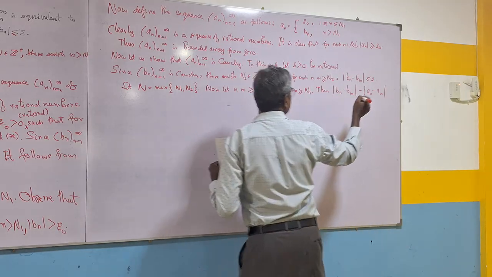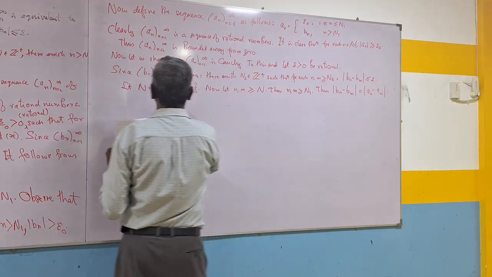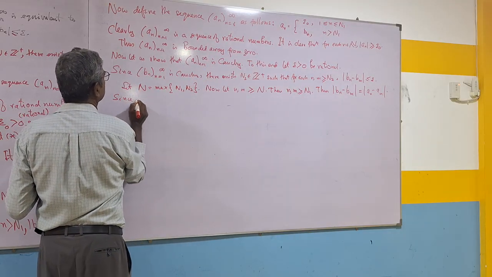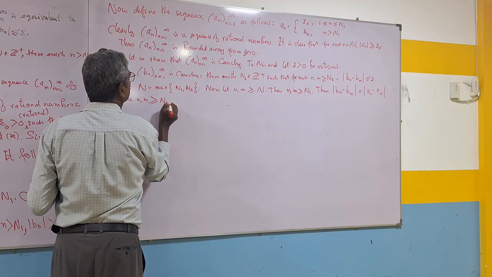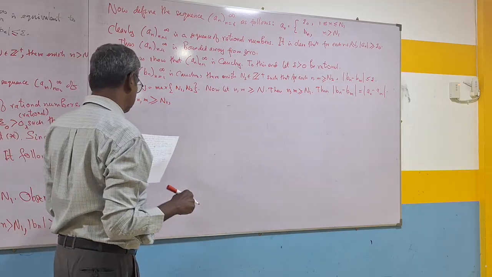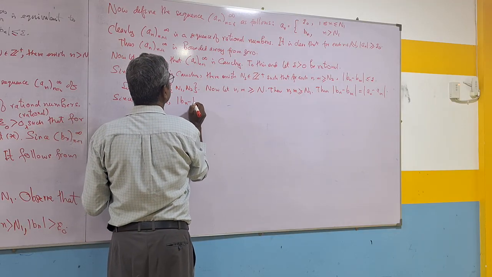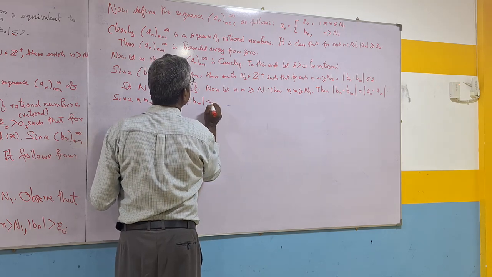Since n, m are greater than or equal to N2, Bn minus Bm is certainly less than or equal to epsilon.